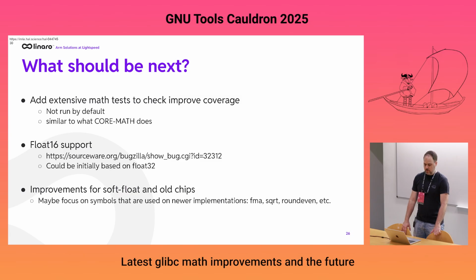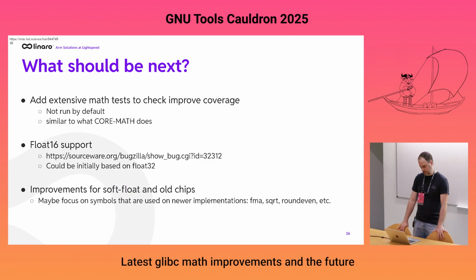Another thing is, we should add more extensive math testing on libm, because right now we only run predefined tests. It would be good to have a way to run thousands, billions of tests, but it will consume a lot of CPU time. That's what another project does.